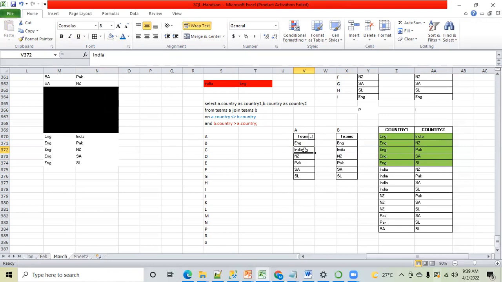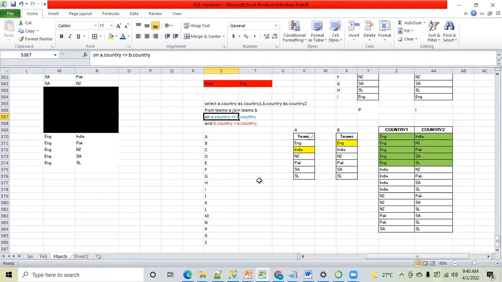From India it will go to the next record, that is India. After this, what will it do? It will compare India from table A with England from table B. First condition, is it satisfied?